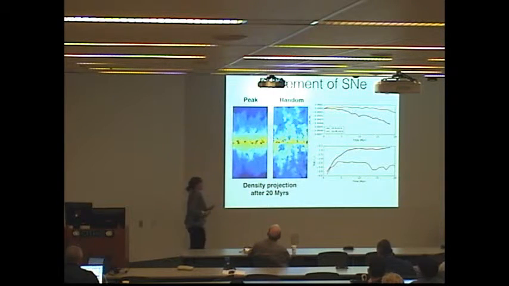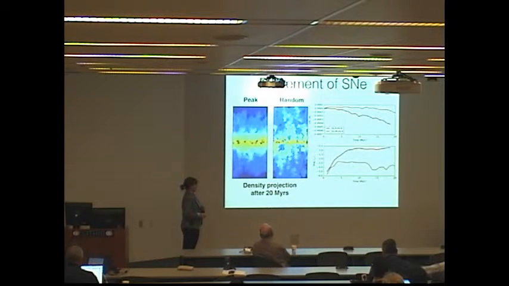And sort of unsurprisingly, the random placement is more effective in driving a wind. This is just showing you the mass loss from the volume over time. You basically don't lose any mass in the peak driving case, but you do start to lose some mass, and this will continue down in the random driving case.